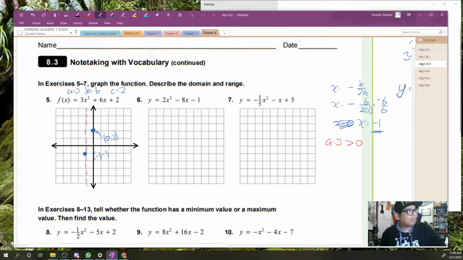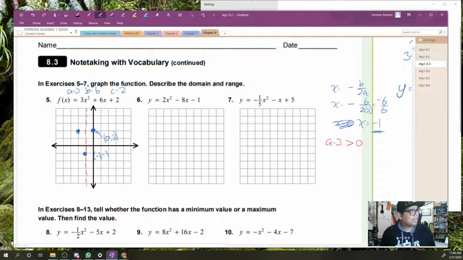So if I go over 1 and then up 3 to get to this point, that means I can go over to the left 1 and also go up 3 to get this point over here. Notice how it's mirrored around that red axis of symmetry. Super important points, things for us to think about.